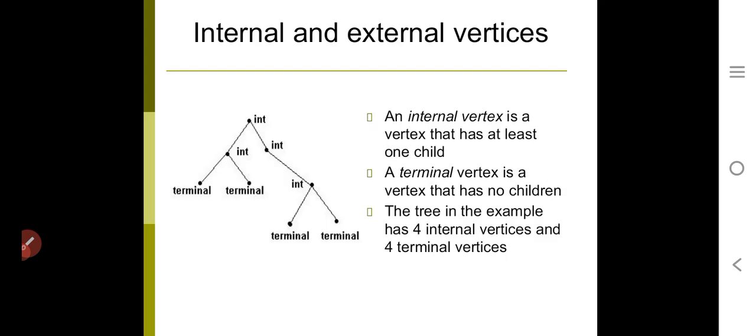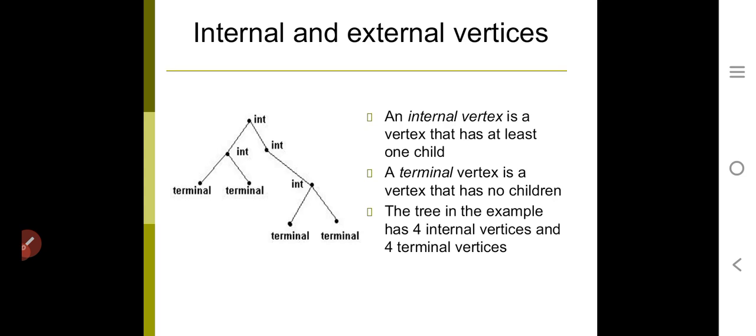Hence only the tree on the right has height 3. Then we see what an internal vertex and an external vertex are. An internal vertex means it has only one child, that is, a vertex with degree 2.